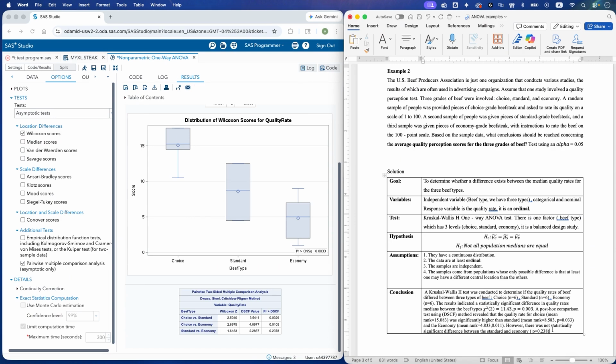And the findings, what does this mean, by the way? The findings suggest that the choice beef is perceived as superior to the other categories.